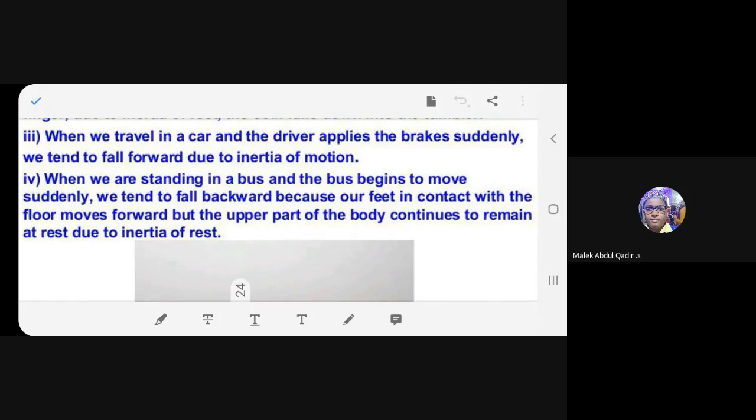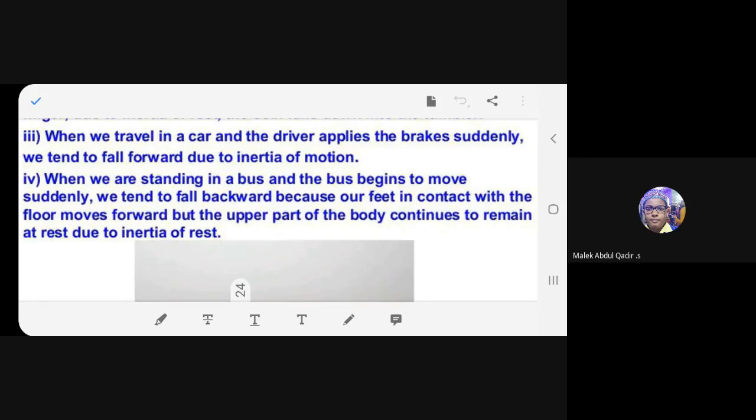Yes. Okay. Fourth, when we are standing in a bus and the bus begins to move suddenly, we tend to fall backward because our feet in contact with the floor move forward, but the upper part of the body continues to remain at rest due to inertia of rest. You understood?